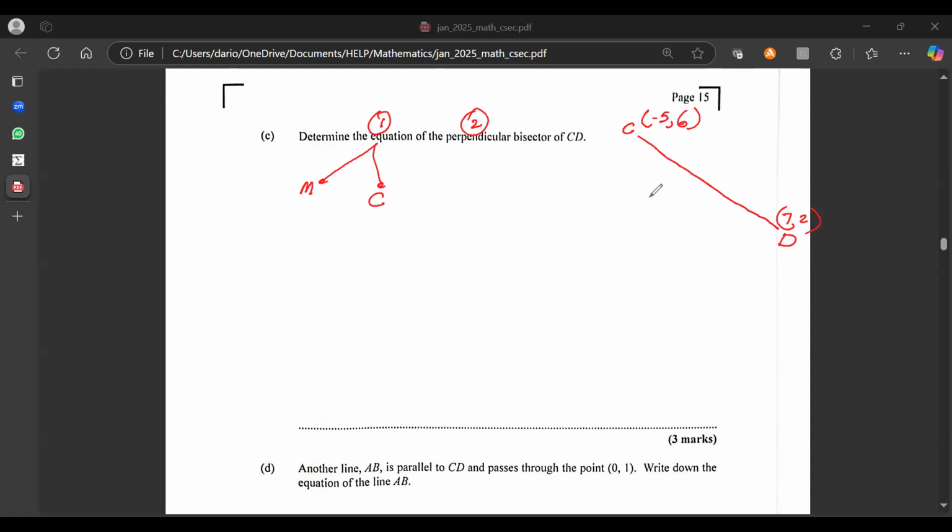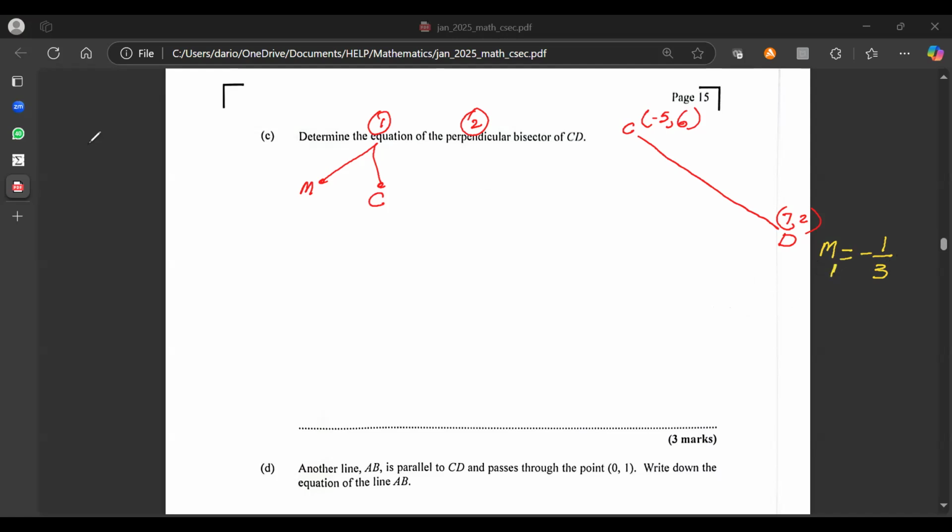But there's a perpendicular line. We also found out the gradient of the line. Let me write it here. M is equal to -1/3. So that's our gradient. We'll call this M1.